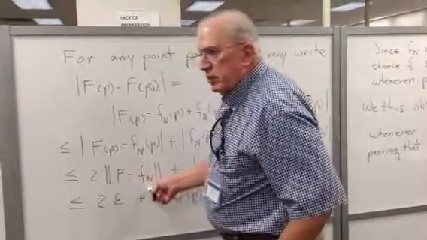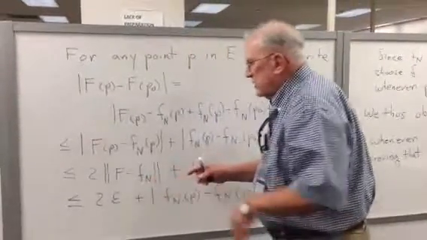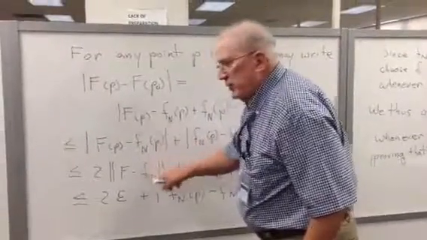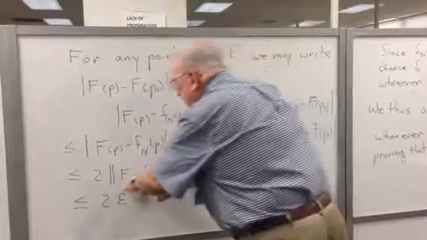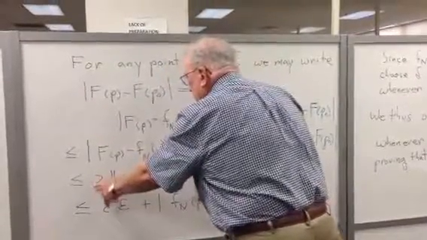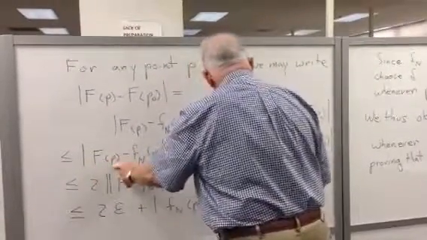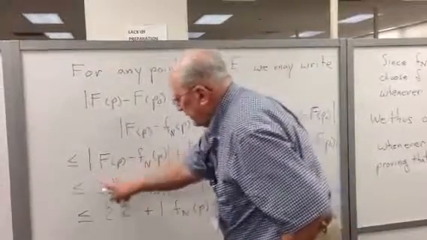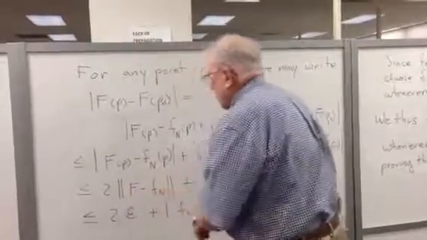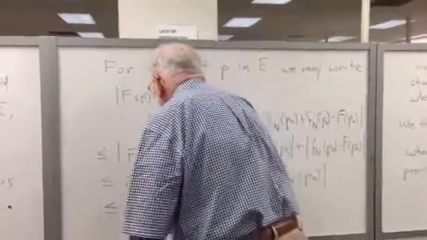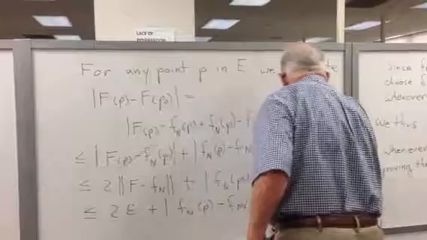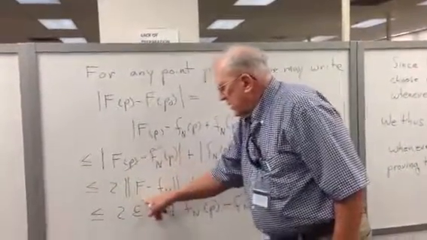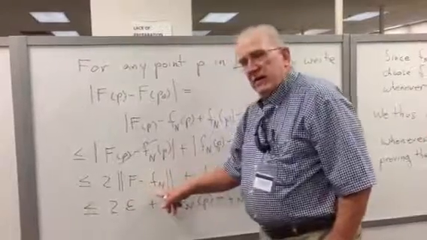Since this is the supremum of the greatest distance between this converging function f and the sequence of functions f sub n, it is going to be greater than these 2 terms. So by combining these 2 terms into this term, we can say 2 times this, and we can scratch this term and this term, and say that they are less than twice the norm of f minus f sub n.